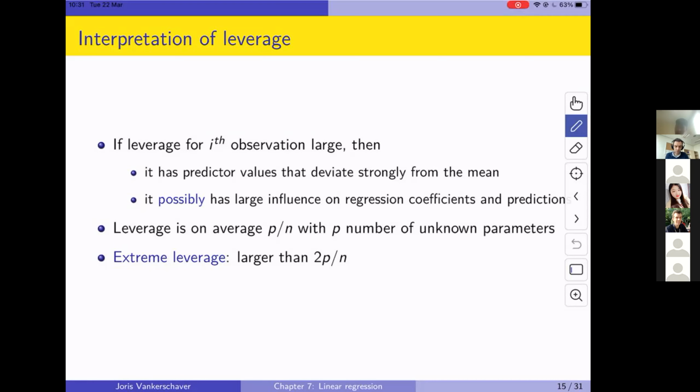Well, on average, the leverage will be P divided by N, with P the number of parameters and N the number of data points, the number of observations. And if we have leverage for a point larger than 2 times P over N, then that warrants having another look. One thing to keep in mind is that there's one leverage value per observation. So each observation comes with its own leverage value.